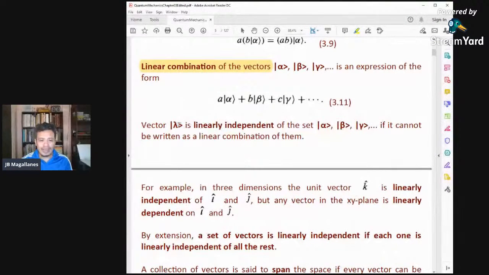So if a vector lambda, in this case, is linearly independent of vectors alpha, beta, gamma, and so on, it cannot be written as a linear combination of them.